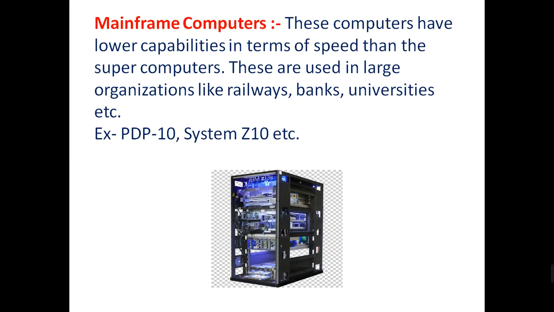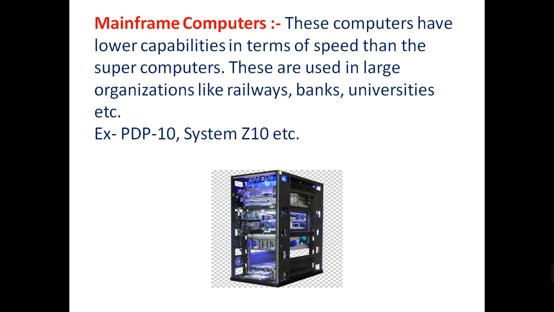Now, the second computer is mainframe computer. These computers have lower capabilities, means these computers are less powerful and slower than the supercomputers. Actually, these computers are used in big organizations like railway stations, universities, scientific laboratories.